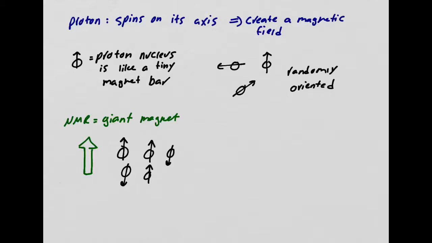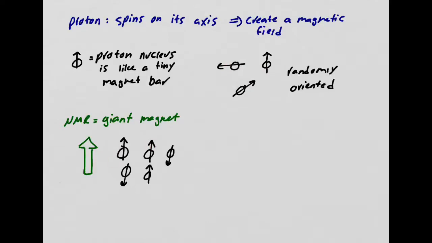All right. I'm going to go over it one more time. So NMR is like a giant magnet. If you're near an NMR instrument and you have anything magnetic on you, that's bad, because it's like a giant magnet. It's going to attract it. Here's our magnetic field. Now you have these protons that we said to think of as having a tiny magnet bar inside.